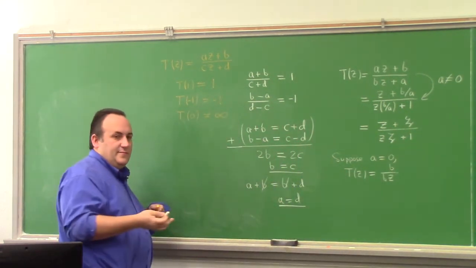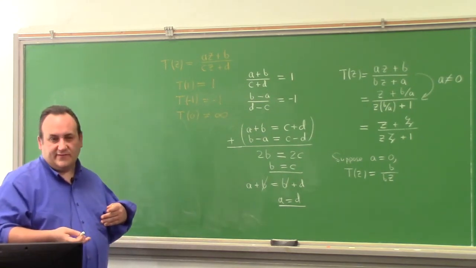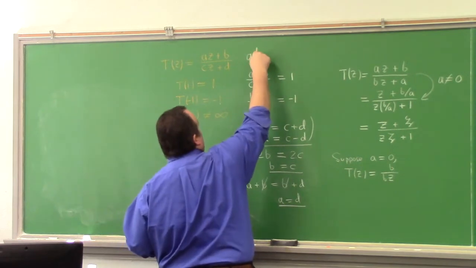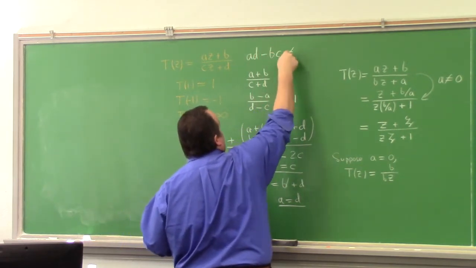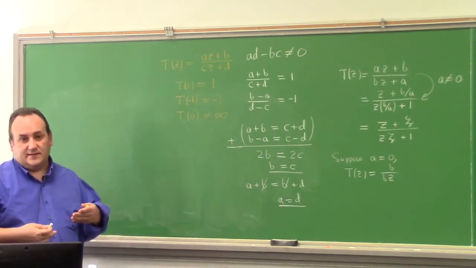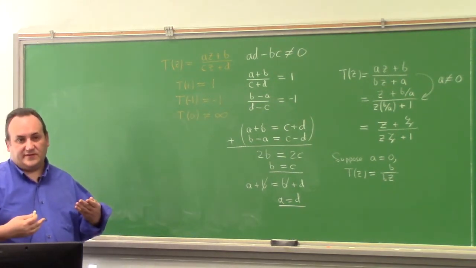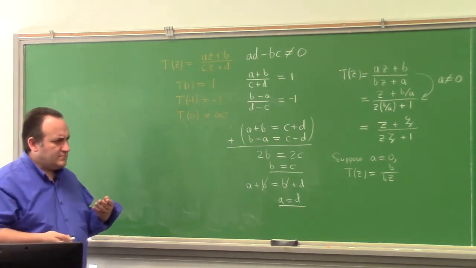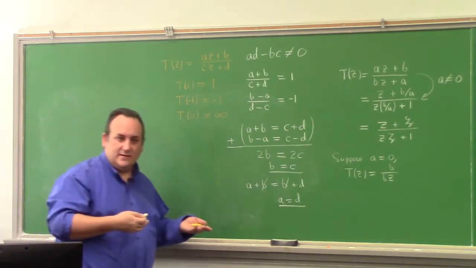And b can't be 0 because you're also given that this is a fractional linear transformation. So you know that ad minus bc is not equal to 0, right? So we can't have both a and b be 0. That would contradict the given assumption that it's a fractional linear transformation, all right? So b is not 0. We should cancel the b. We get 1 over z.